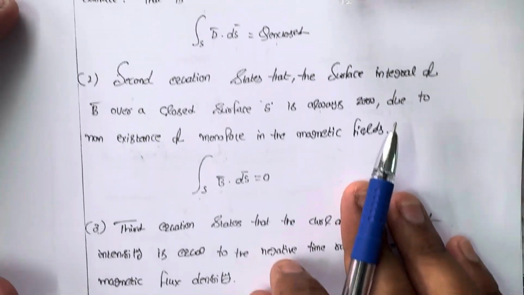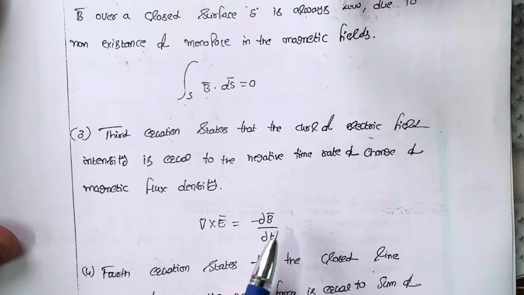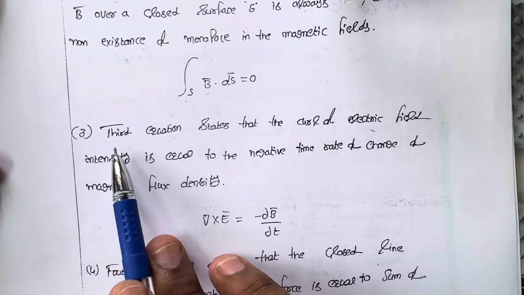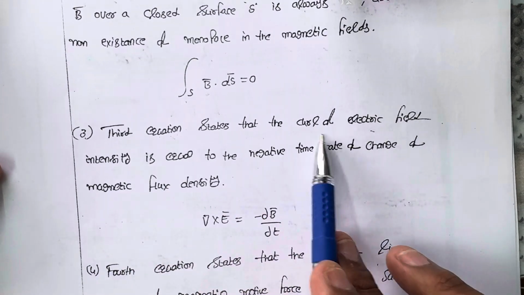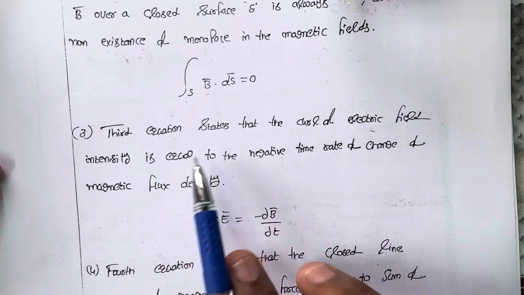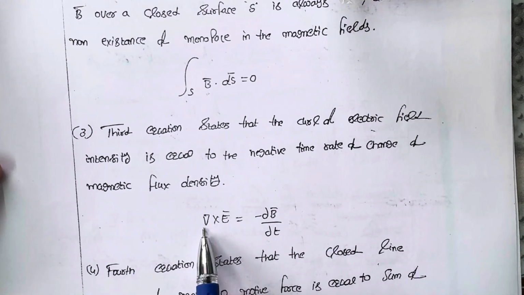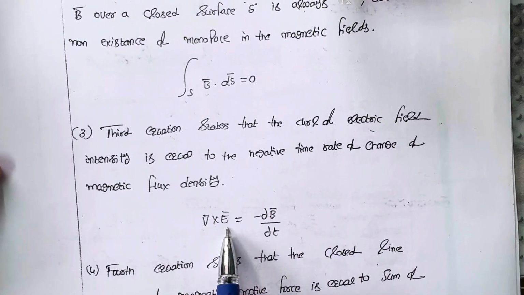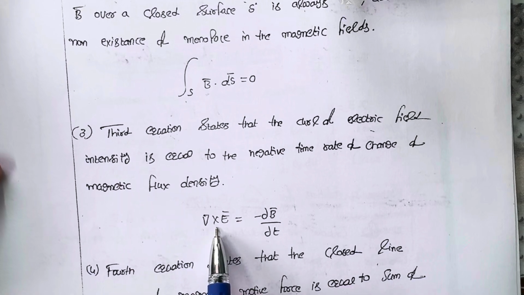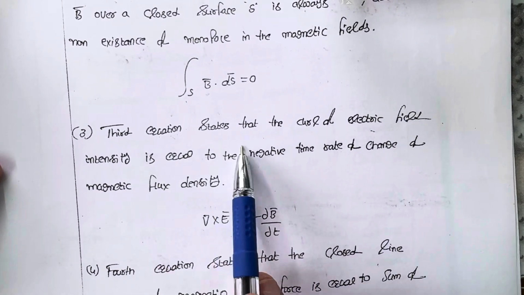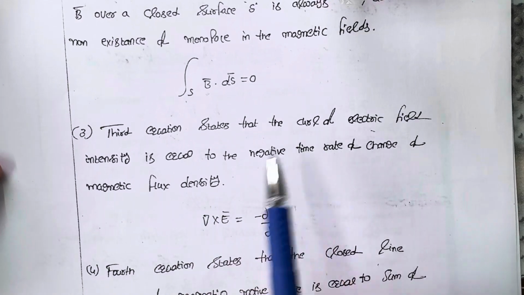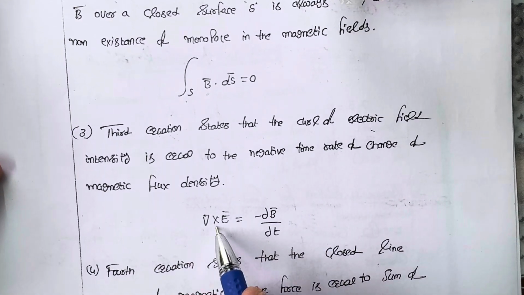And while coming to the third equation, the third word statement. Maxwell's third equation states that the curl of electric field intensity, look at here, it is the del and it is electric field intensity E bar, it is curl. Curl means cross product.